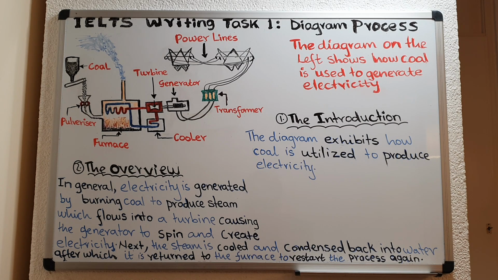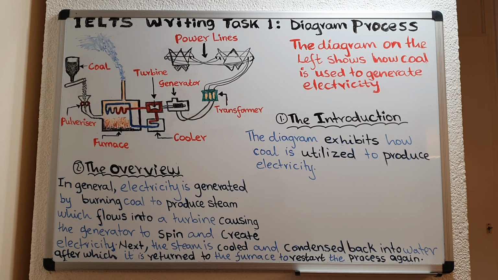Now, in the overview, what I have done is I have summarized the key steps. Those are the key features, and I have ensured that I have used vocabulary that is suitable for describing this particular process. I have put the vocabulary for you in black.